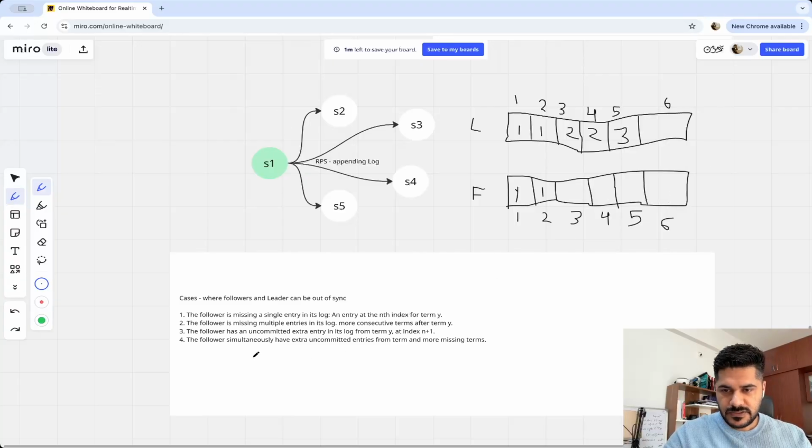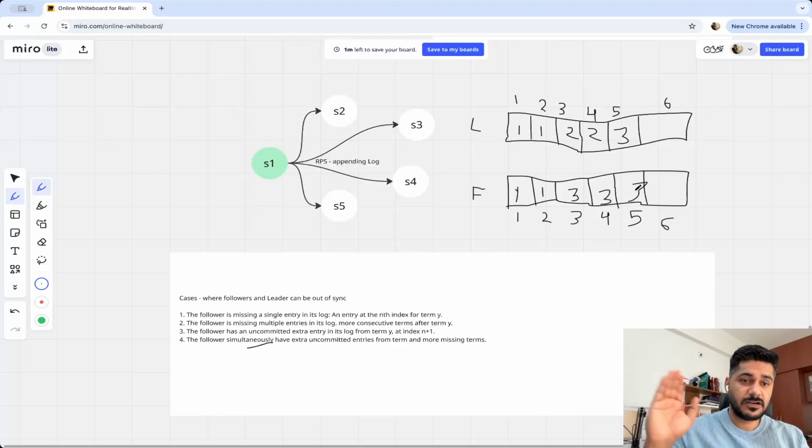And one more scenario is that similarly, there can be multiple things ahead. There can be mismatches like at this particular point, there is a term 3, term 3, which is uncommitted in your leader, but in the follower the entries are there, and then some entries are missing here, right? It is possible that here it is 2 to 3, and then it might have moved to term 4.